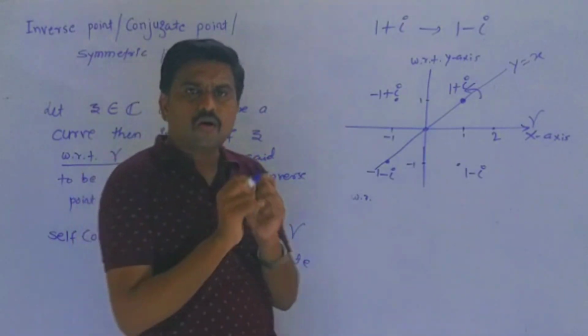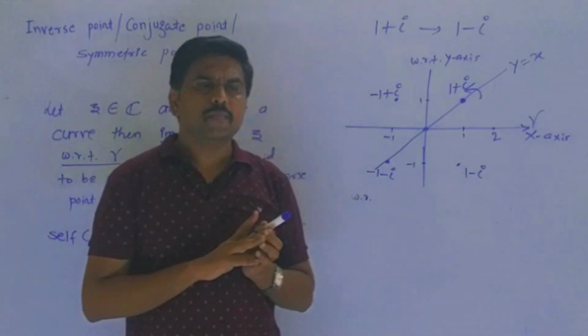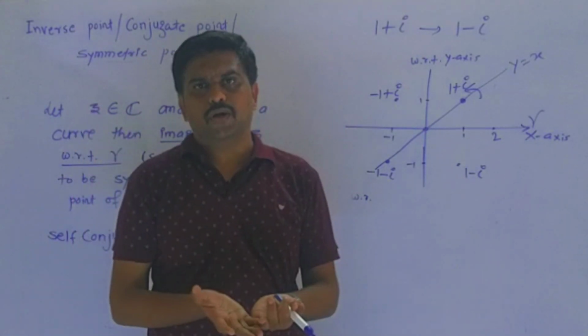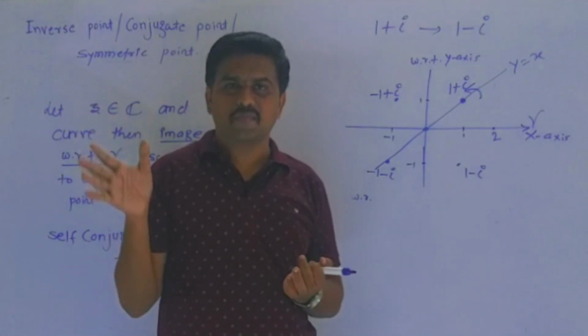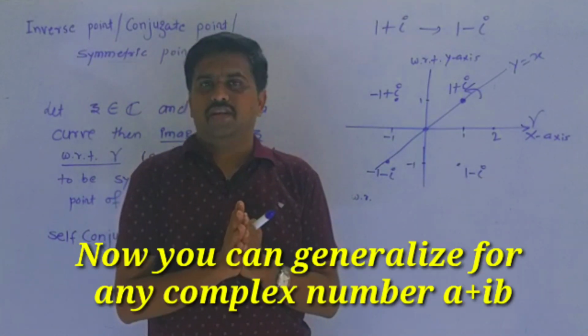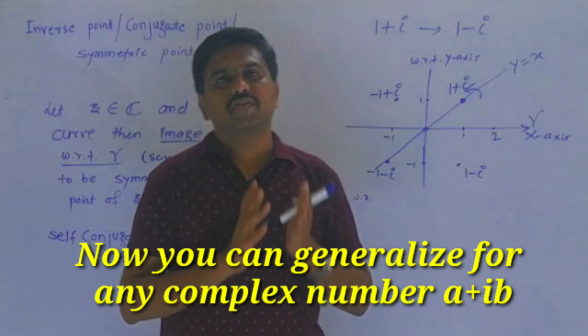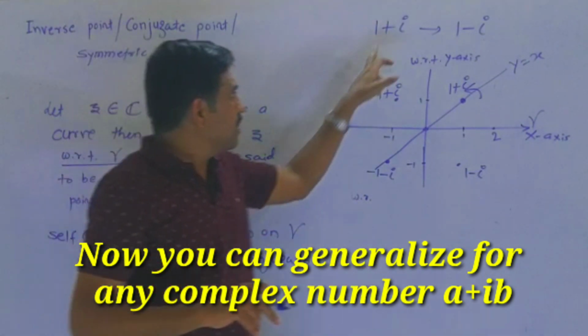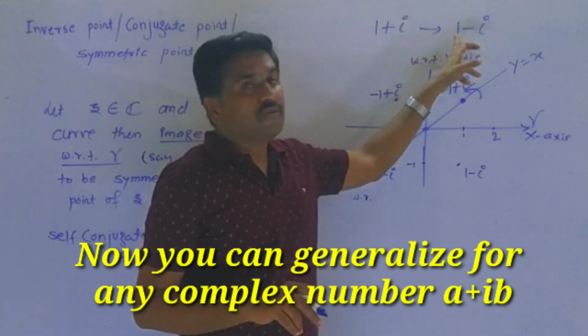So for one complex number we get infinitely many conjugate points, just by changing the gamma curve, or the mirror curve. So this is the concept of conjugate point, or we can say symmetric point. It is not always true that the conjugate of 1 plus i is 1 minus i.